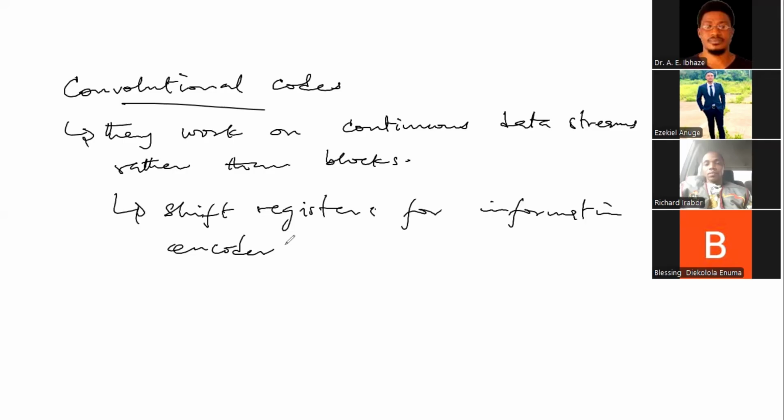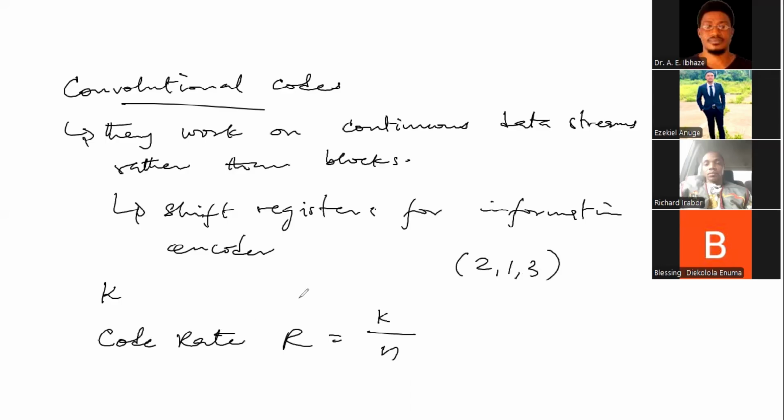Now, convolutional encoding is defined by a constraint length K and also a code rate R, which is the ratio of the message bits to the code word length. Now, if we say, for instance, we have a (2,1,3) convolutional code, what we are trying to say here is that we have one input bit.